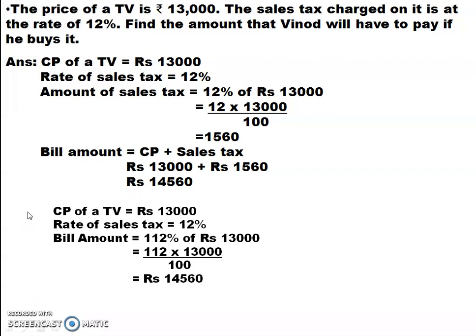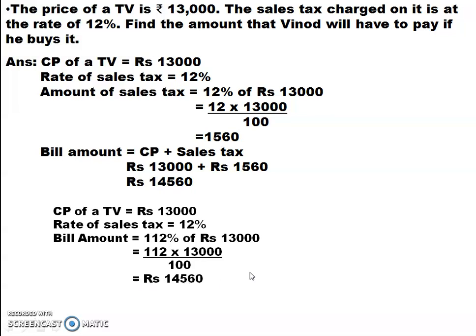Whichever method you are following, be sure of the steps involved in the method. Both answers will be the same at the final step. Here also I got bill amount equal to rupees 14,560. In the second method also, bill amount rupees 14,560.